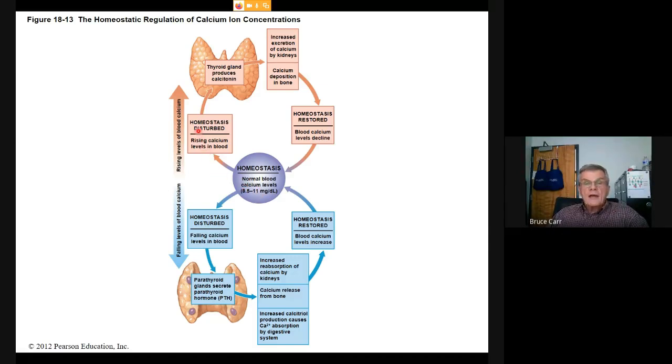Calcium levels are rising. The thyroid gland produces calcitonin. Now, calcitonin's effect is interesting. When the level is high or approaching high, it simply lets the calcium that has been filtered out to make urine go. Instead of reclaiming it, it lets it go out in the urine.